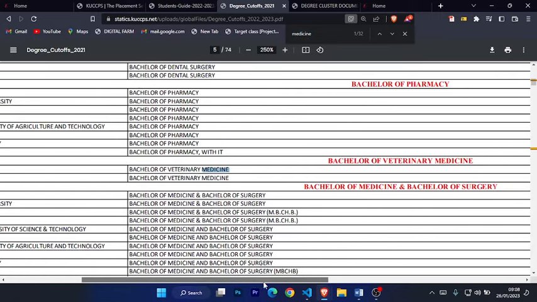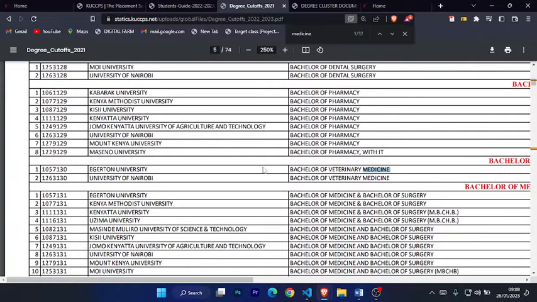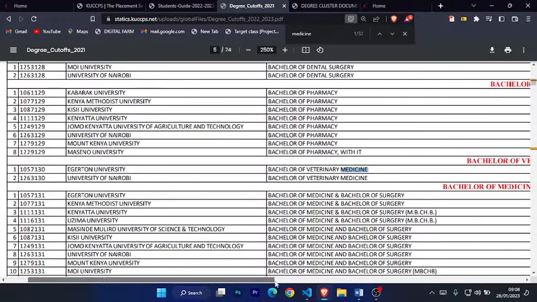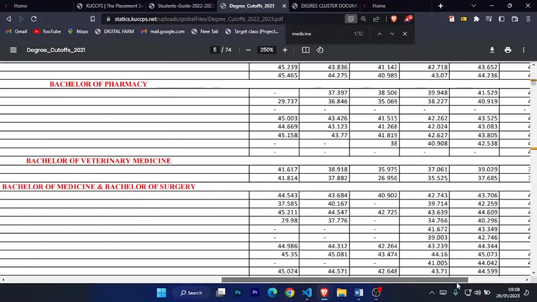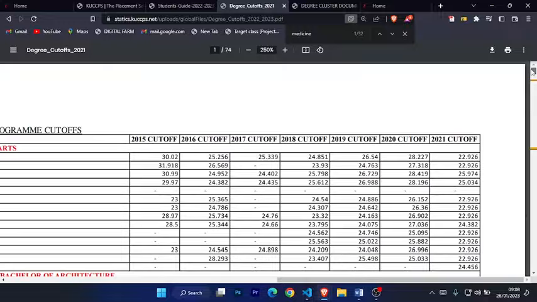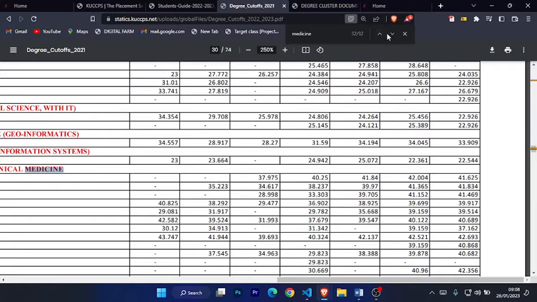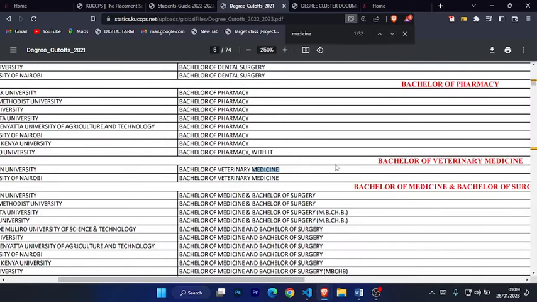Good. We have Egerton University medicine. We can see the last year's cutoff points for Egerton. I believe this is the 2021 cutoff. As you can see here, these are the cutoffs.